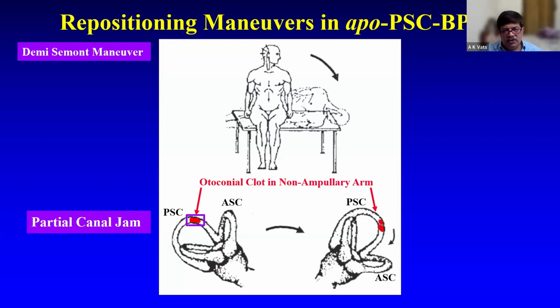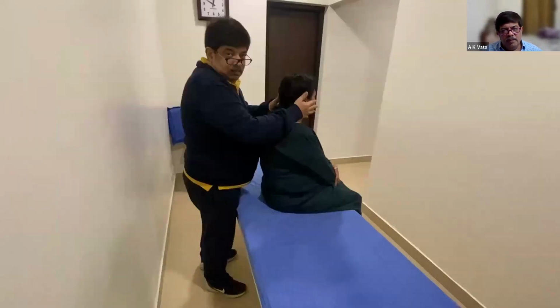The inertial forces generated during this severe acceleration-deceleration break the otoconial clot, and now the particles are small enough to encounter this jam. So this is one of the maneuvers, and I am showing a part of this here.